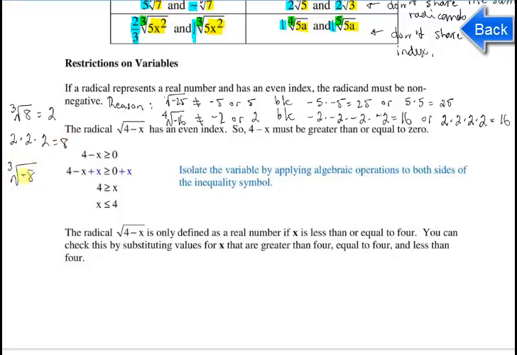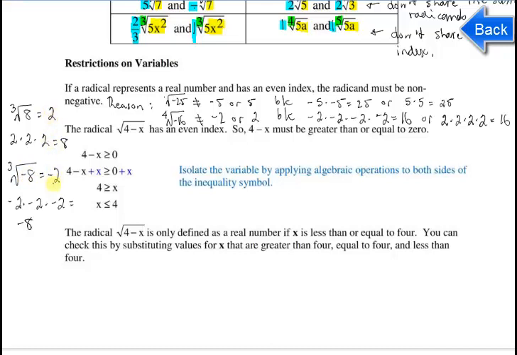If you take your calculator out and you calculate that, you will get negative 2. And that's because negative 2 times negative 2 times negative 2 will give you negative 8. So you can see that if your index is an odd number, your radicand can be positive or negative because you will definitely get an answer for both of them.